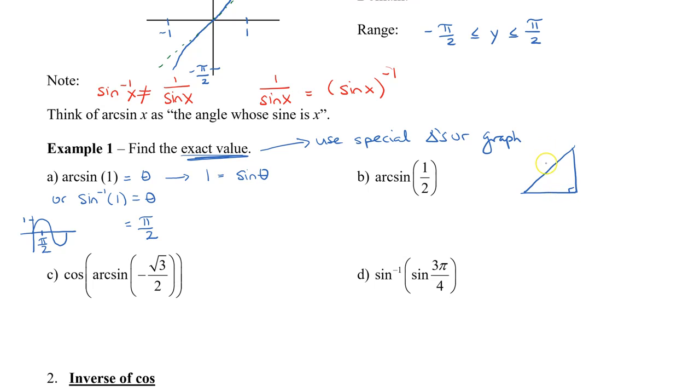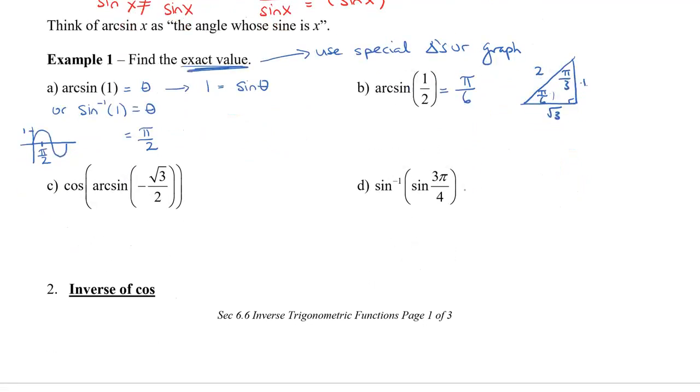And the one that we want to use is the one that deals with 1 and 2. So we'll place 1 and 2 here because it's sine. That means that this angle is pi over 6. This is root 3. And this is pi over 3. So arcsine of a half, opposite over hypotenuse, that angle would be pi over 6. So arcsine of a half is equal to pi over 6.